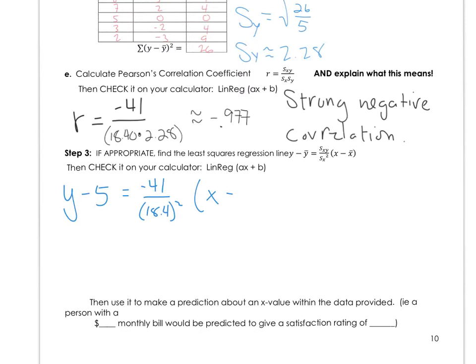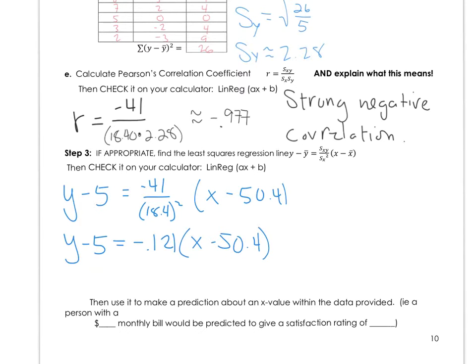X bar was 50.4. Now it's just a little bit of math. Y minus y bar, let's simplify that. Negative 41 divided by 18.4 squared works out to be negative 0.121 times x minus 50.4.